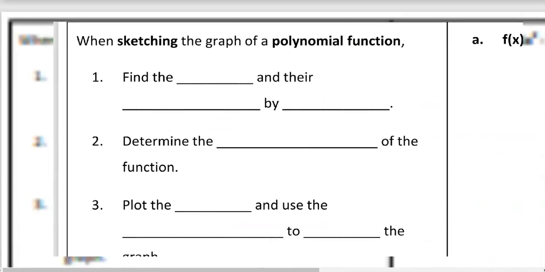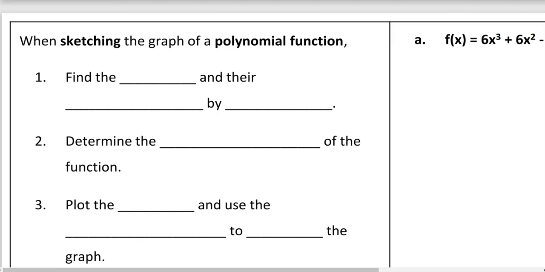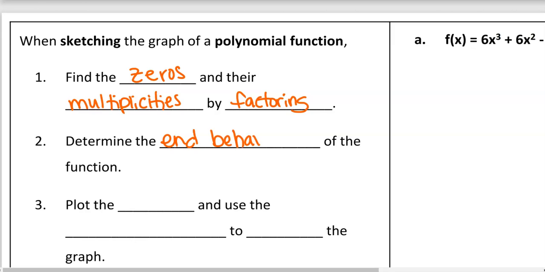Okay, here we go. We are now going to sketch. When we sketch a polynomial, we are going to find the zeros and their multiplicities. That was yesterday. We do that by factoring. That was our synthetic division and factoring stuff that we did yesterday. After that, we are going to determine the end behavior of the function.